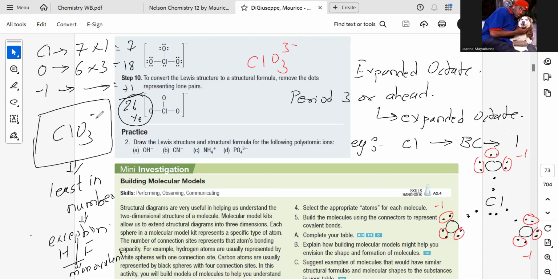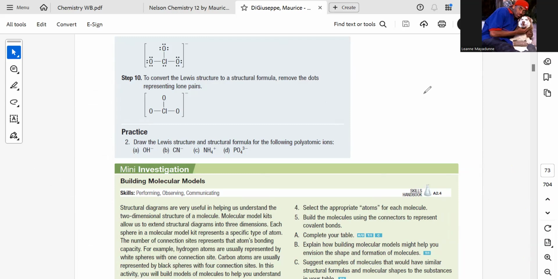So what we will do in that case is transfer a lone pair from two of them to the center. Can you draw that? Done? Now I'm erasing everything and we go back to the structure.